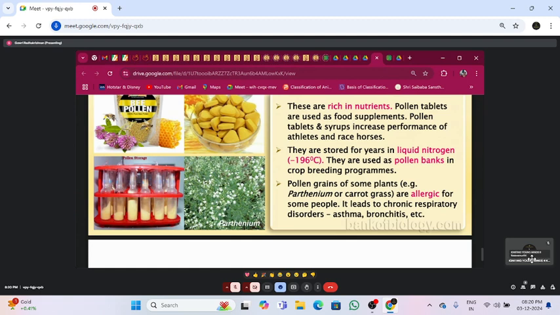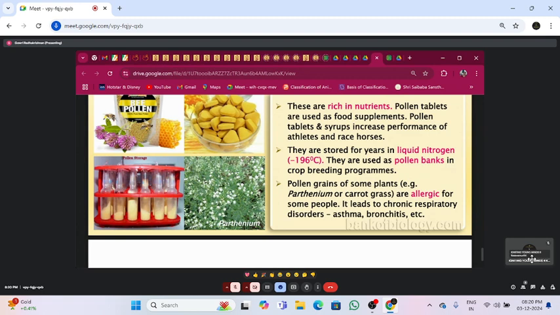Some pollen grains, for example of Parthenium or carrot grass, are very allergic. Some people are allergic. For example, in Bangalore you have a lot of Parthenium and carrot grass, and many people get allergic to the pollen. It's just one place I'm mentioning.